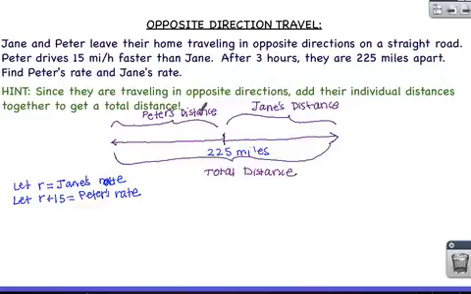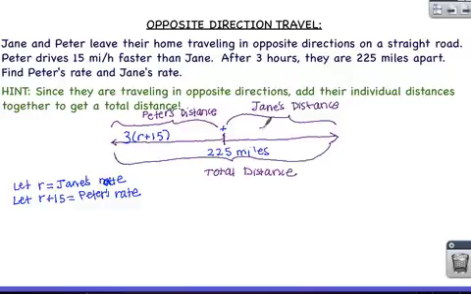So now to find Peter's distance, we do rate times time. Well, his rate is the quantity r plus 15 times his time, 3 hours. So 3 times the quantity r plus 15 is Peter's distance. Plus, we're going to add Jane's distance, which is her rate times time.